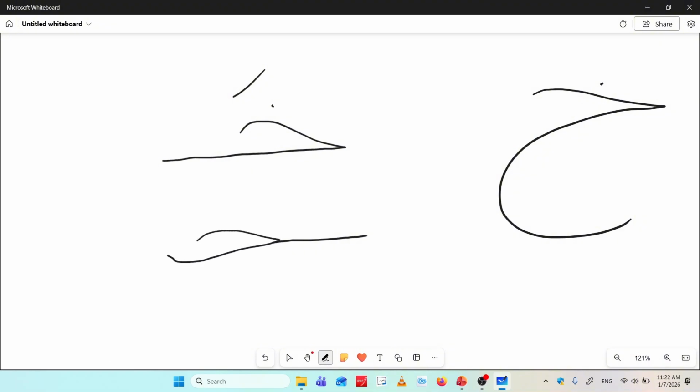Now this one here is the Kha in the beginning, and this one here is Kha in the middle. Let me write it again. I just don't like how it's written.